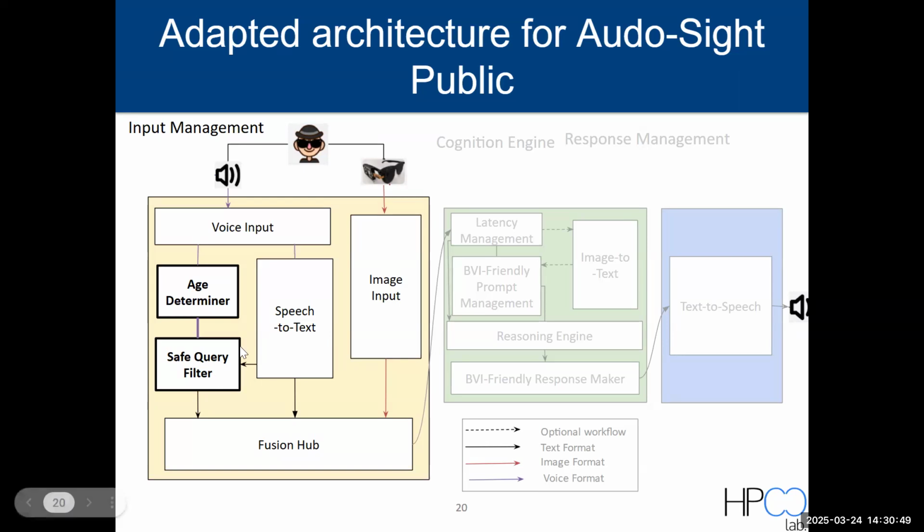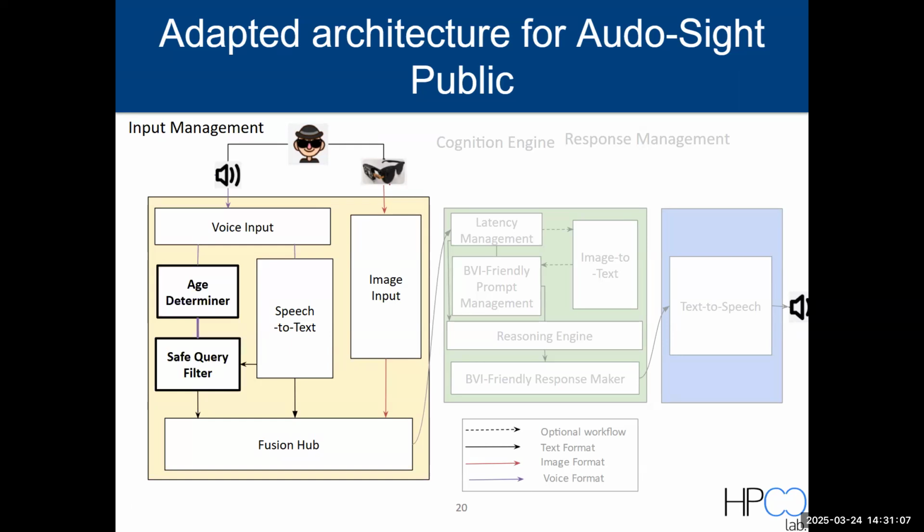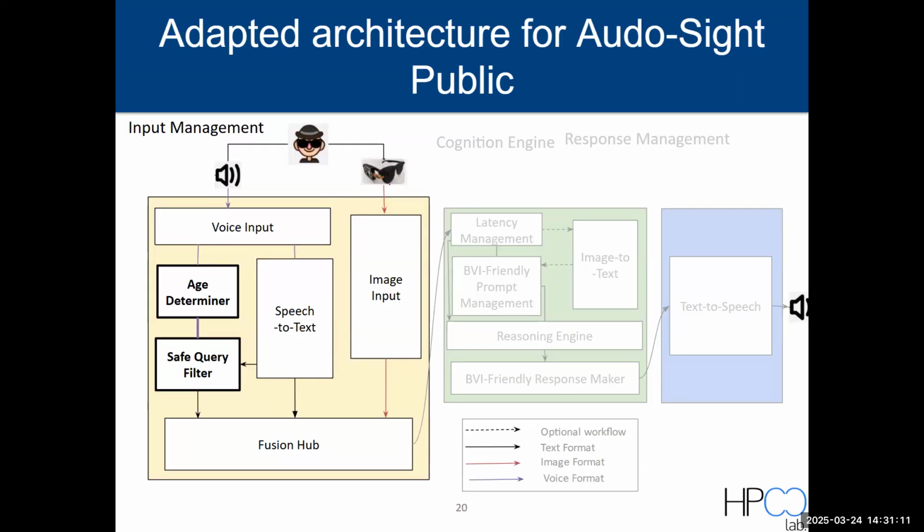The adapter architecture for this Audo-Sight public remains the same. Most of the architecture remains the same as the prior one, but in replacement of user authentication, we do the age determiner and safe query filter over here. The rest of the architecture is the same as we have seen in the previous slides, in the architecture for the BVI individuals. So this is the second contribution.